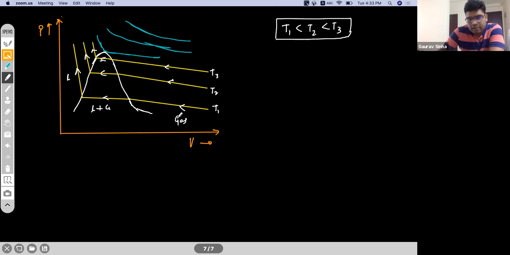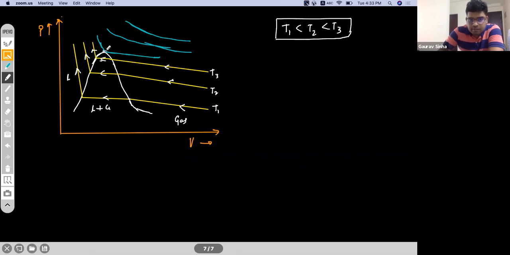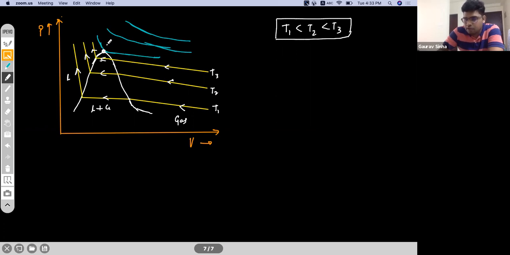Similarly, as you keep on increasing the temperature, you will get a point. At that point, or beyond that point, liquefaction is not possible, right?